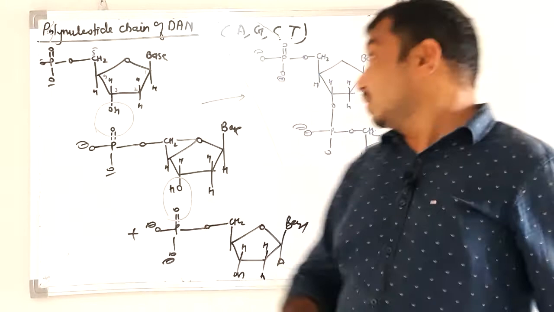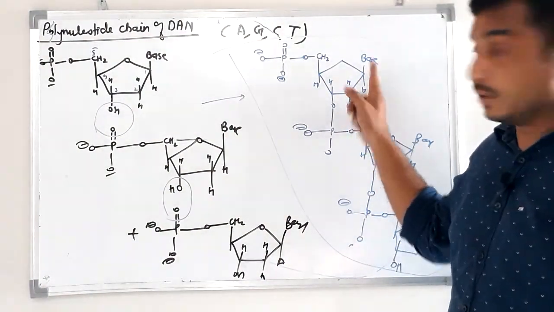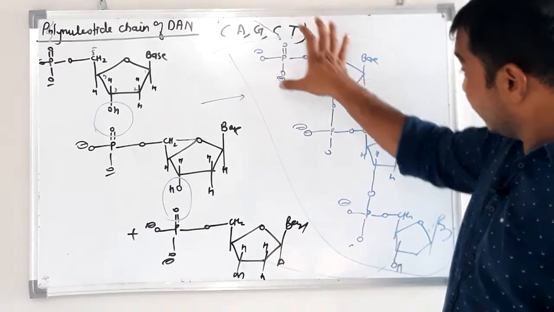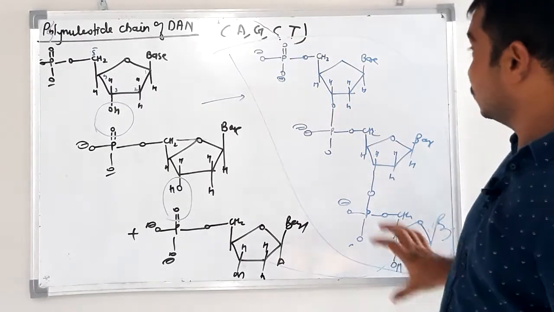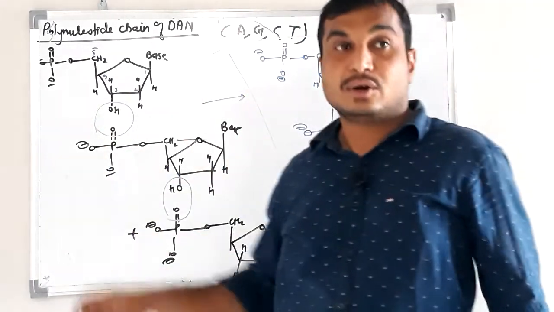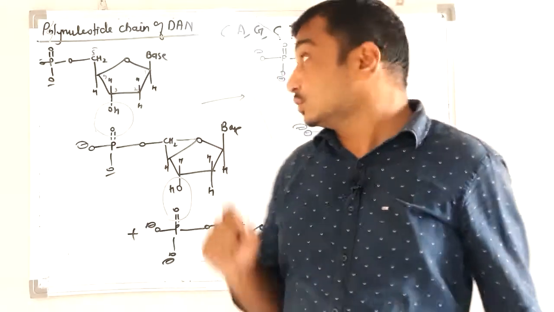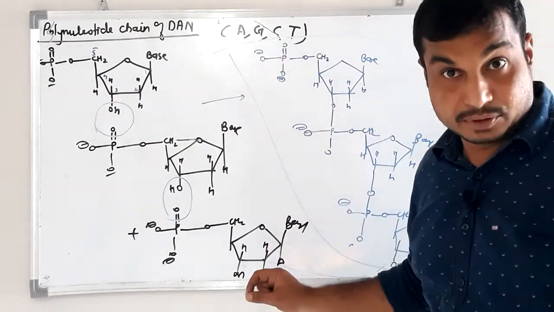So it may be G, it may be A, it may be C or it may be T. This will change, otherwise the remaining part is as it is: phosphate group, sugar, phosphate, sugar, phosphate, sugar, they are only repeating. The varying part is the base molecule. So this is the structure of the polynucleotide chain.